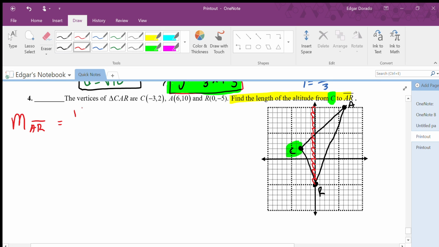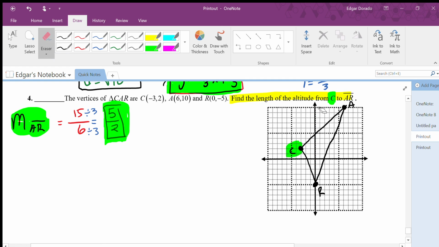So up to the right, 1, 2, 3, 4, 5, 6. So 15 over 6, that actually will reduce to have a 3 in common. So this is going to be 5 over 2. So my slope of AR is going to be 5 over 2.